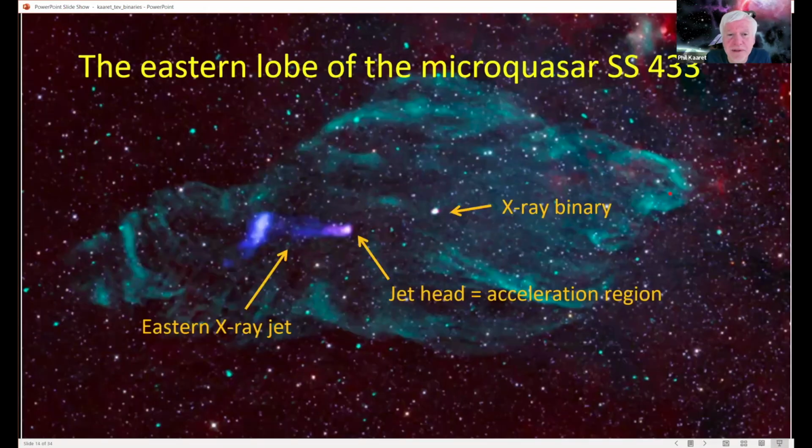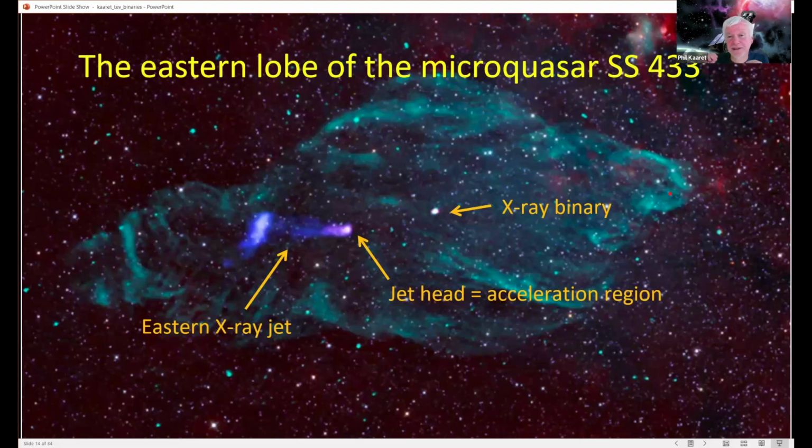So now I'm going to switch over to TeV binaries, and I'm going to start with SS433, and I understand the previous talk was about TeV emitting binaries and really focused on SS433, so I think you're all up to speed on the subject. I'll just remind you a little. There's an X-ray binary, which probably has a black hole compact object, though not completely clear, with a massive star.